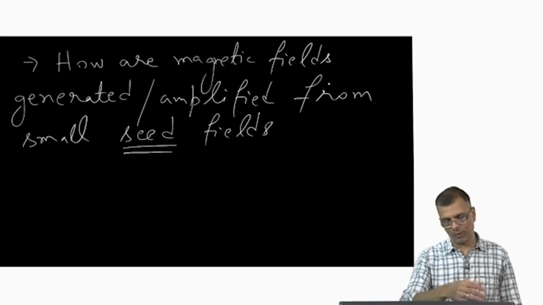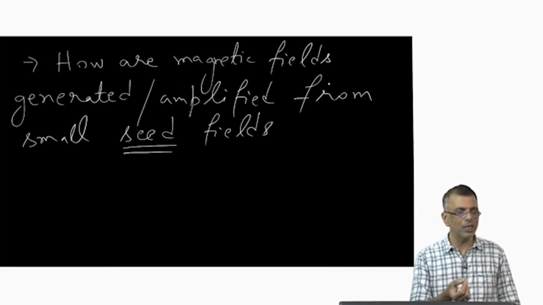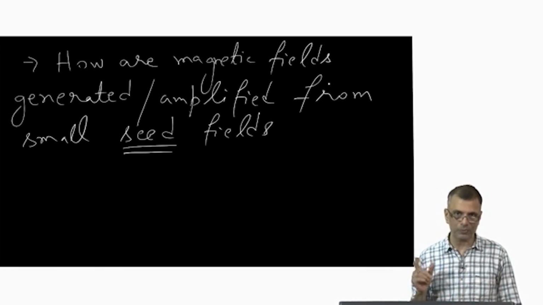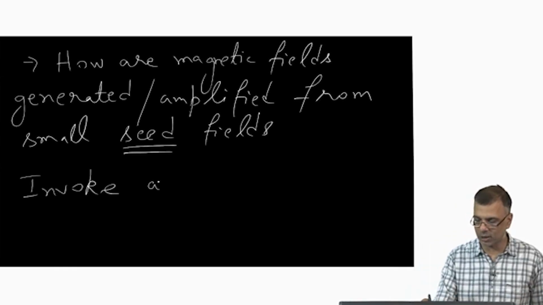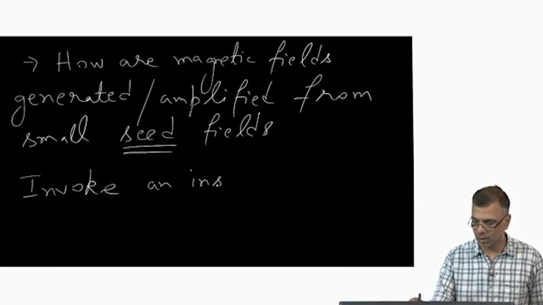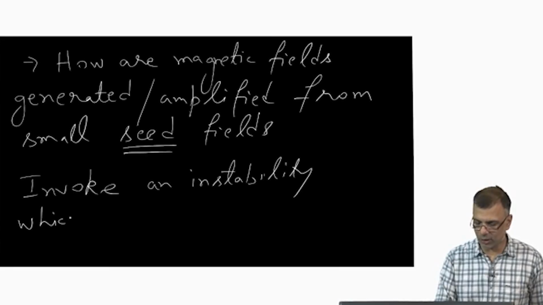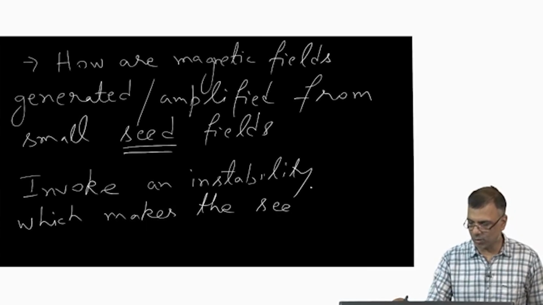A slightly more elaborate way of considering this question is you have to show that the presence of a small seed magnetic field renders a system of MHD equations unstable with time, so that you show and invoke an instability which makes the seed fields grow.